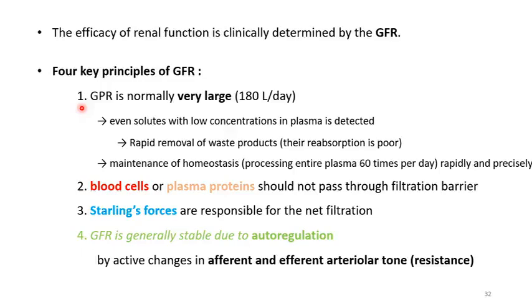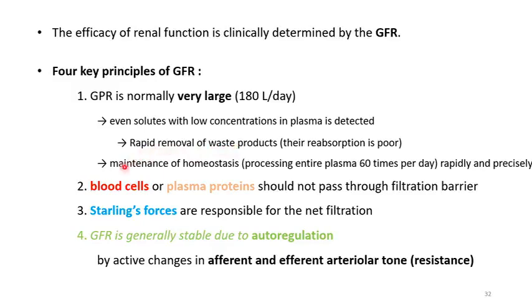It is about 180 liters per 24 hours, or 125 milliliters per minute in both kidneys. This high level of plasma filtration into the renal tubules makes sure that even solutes with low concentrations in plasma will be detected by the renal tubules, and this helps the kidneys to remove the waste products from the body.